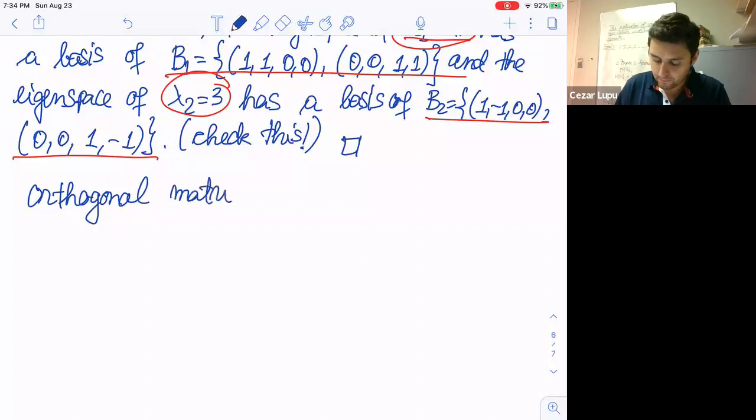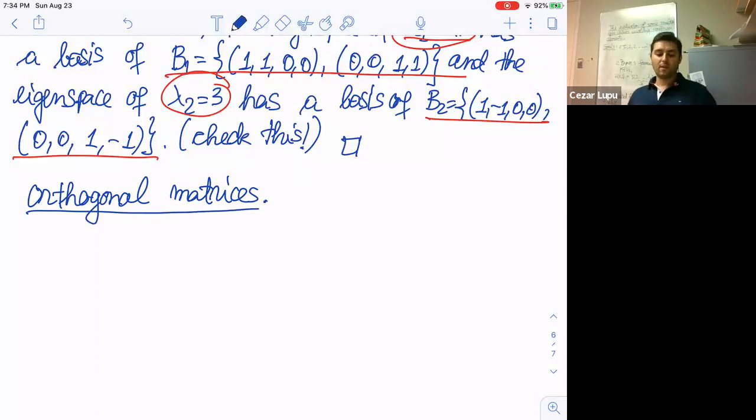You'll see that the situation here will get a little bit more involved, and we will use notions from previous lectures about orthogonal vectors, orthonormal vectors.